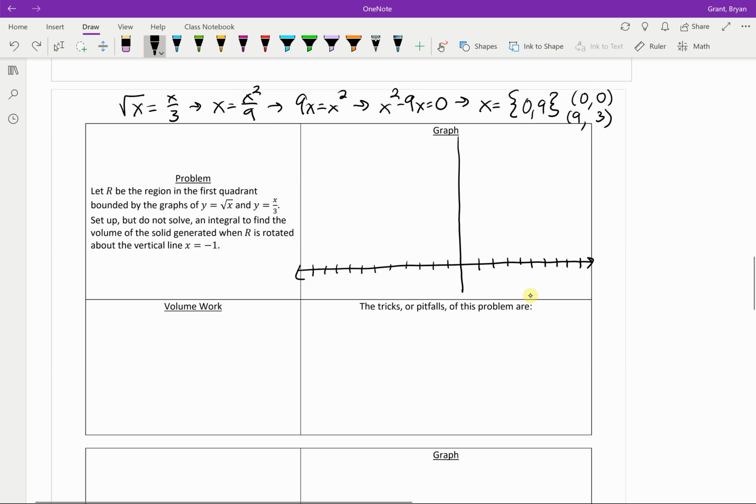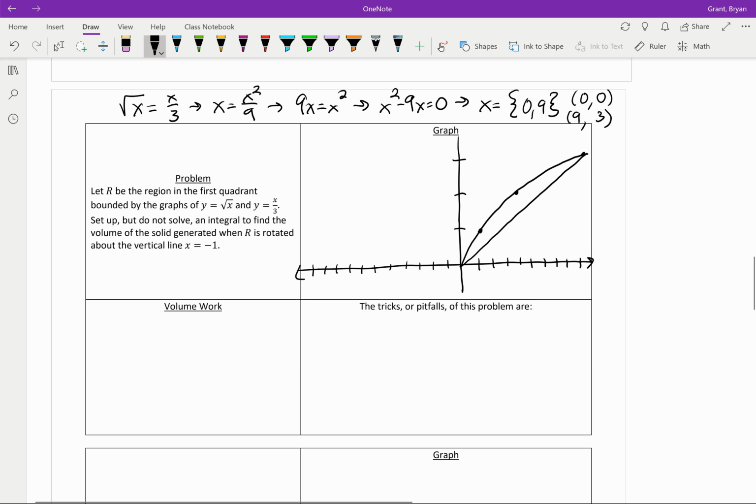Since we only have to go up to a y of 3, let's make it look weird. 1, 1, right? What else is going to give us a nice answer? Square root of 4 is going to give us a nice answer, and square root of 9 is going to give us that other nice answer. So here is my square root function, and then we also need x over 3, and I imagine that it's going to be underneath something like this. So here is my x over 3 graph.